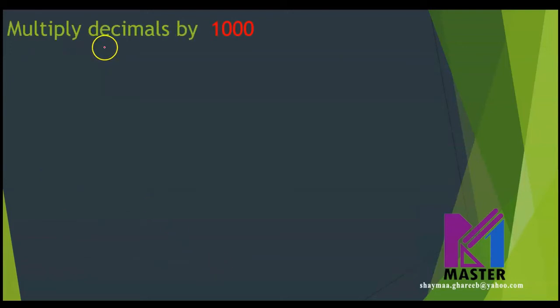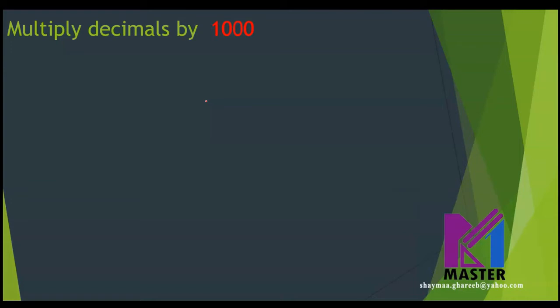Now we are going to multiply decimal numbers by 1,000. What do you think? When we multiply by 10, we said each digit will be higher by 1 place by moving the decimal point 1 place to the right. When we multiply by 100, each digit will be 2 places higher by moving the decimal point 2 places to the right.